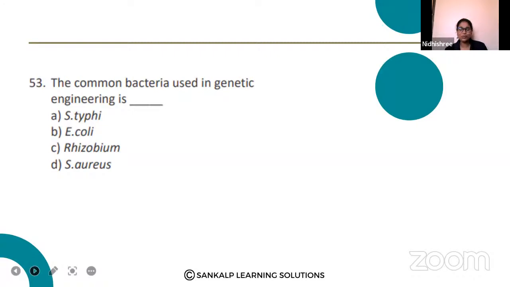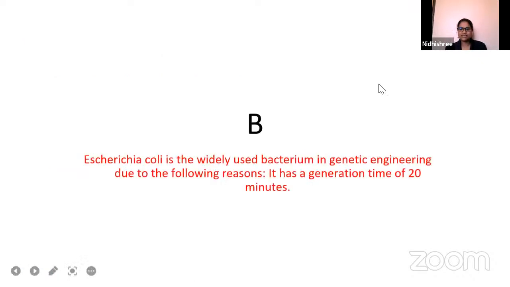Option C, Rhizobium. Option D, yeast. I got the chat answers as option B, and Deepthi and Padma also answered as option B, that is E. coli is the right answer. Why? Because it is widely used. It has a generation time of about 20 minutes. The multiplication rate is very fast.